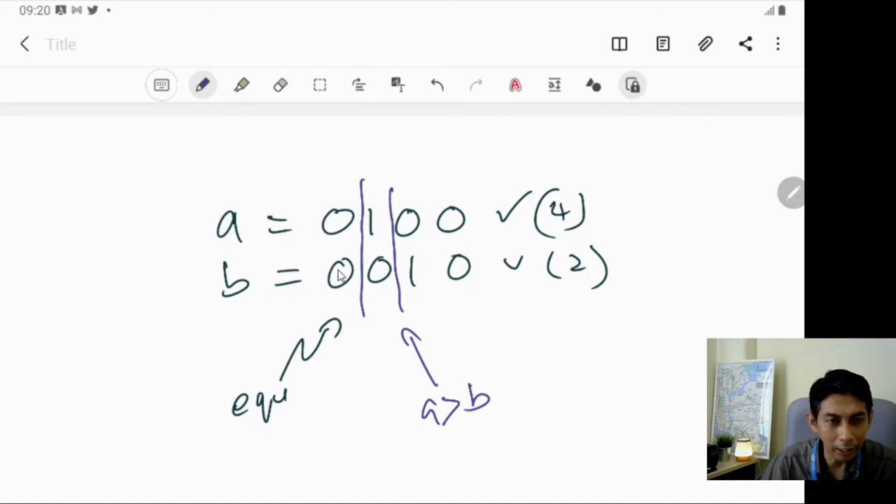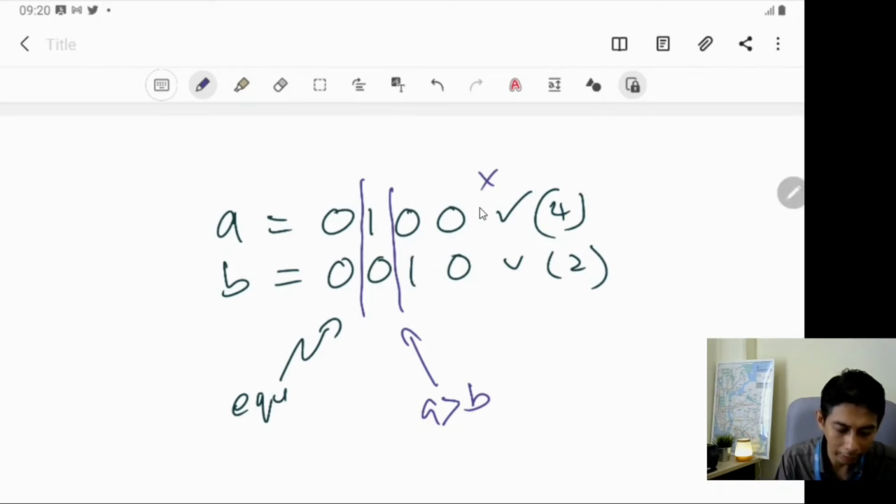So if we found that A is bigger than B now, it means that the rest no need to check already, because if here we know that A is more than B already, the rest is don't care.